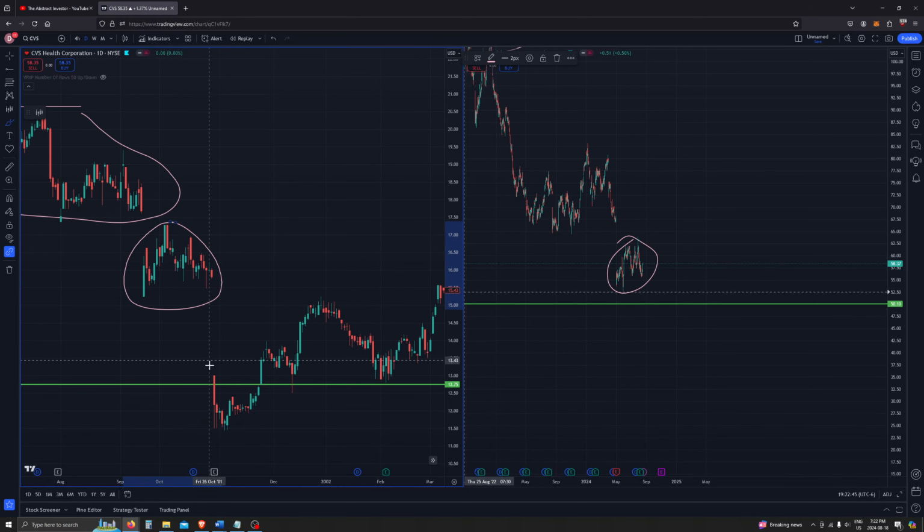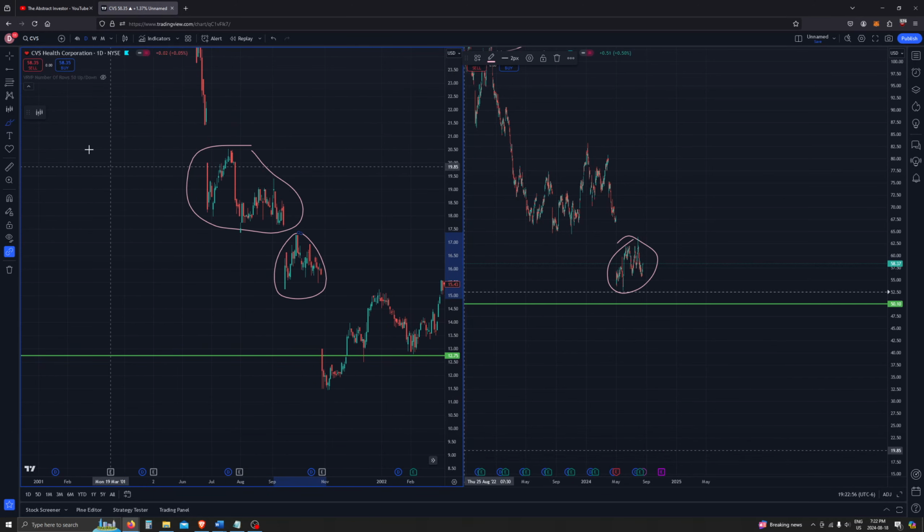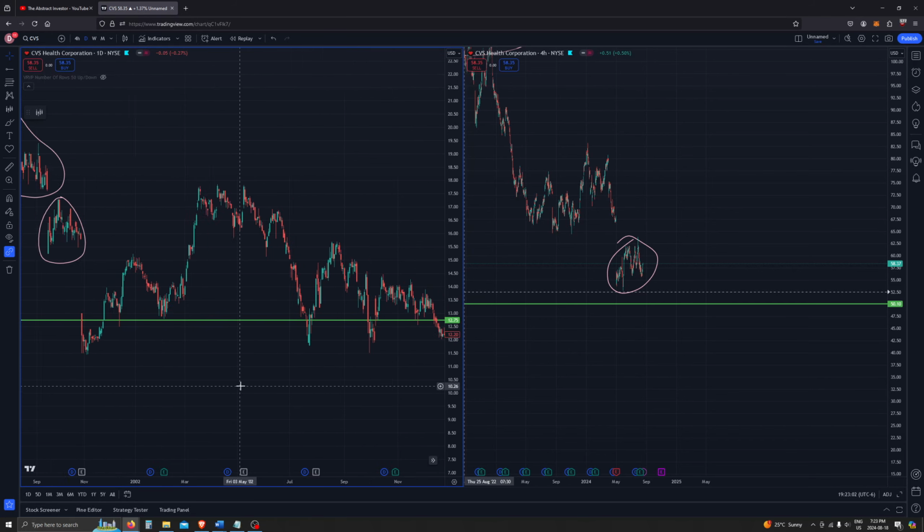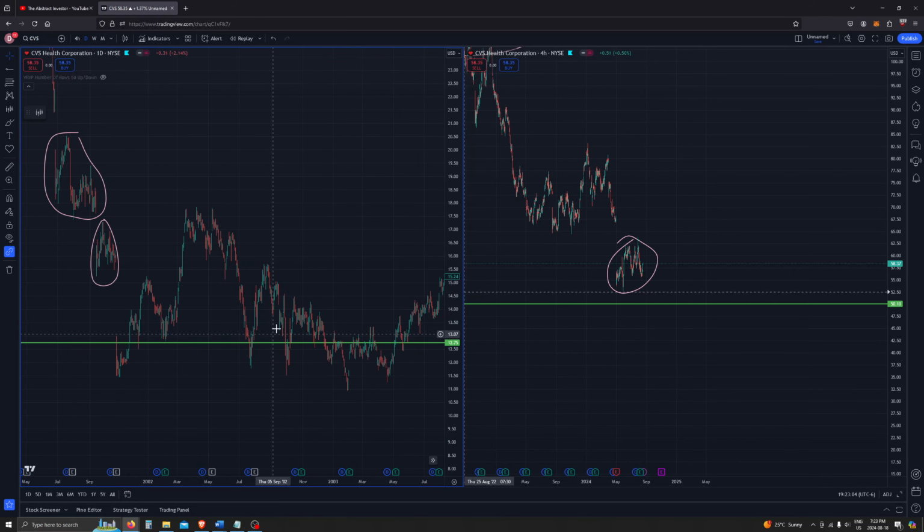And then as you can see, it got quite a big gap from $15.75 all the way down to $13. And then it started to create a base in October of 2001, and then it went up and came down and came down. It hit the lows multiple times.